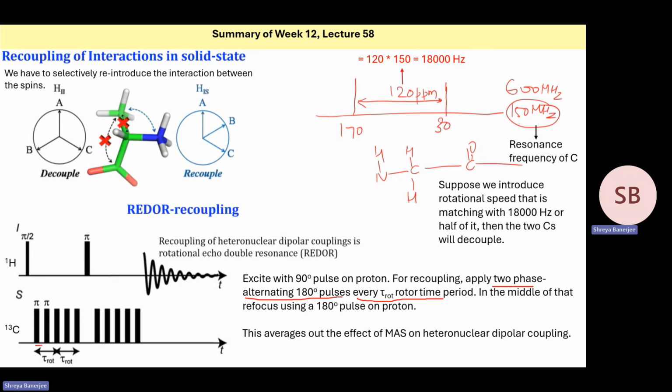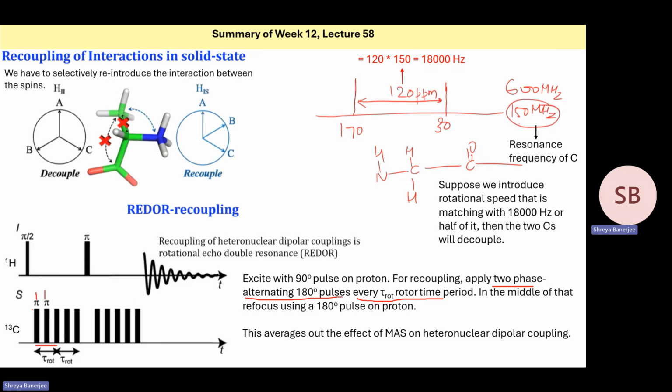You can see here this time period. And for every time period like this, we are applying 180-degree pulses. You can see pi, this is a 180-degree pulse, this is a 180-degree pulse. And these pulses are alternating in phase. So for every tau rotational time period, two phase alternating 180-degree pulses are applied.